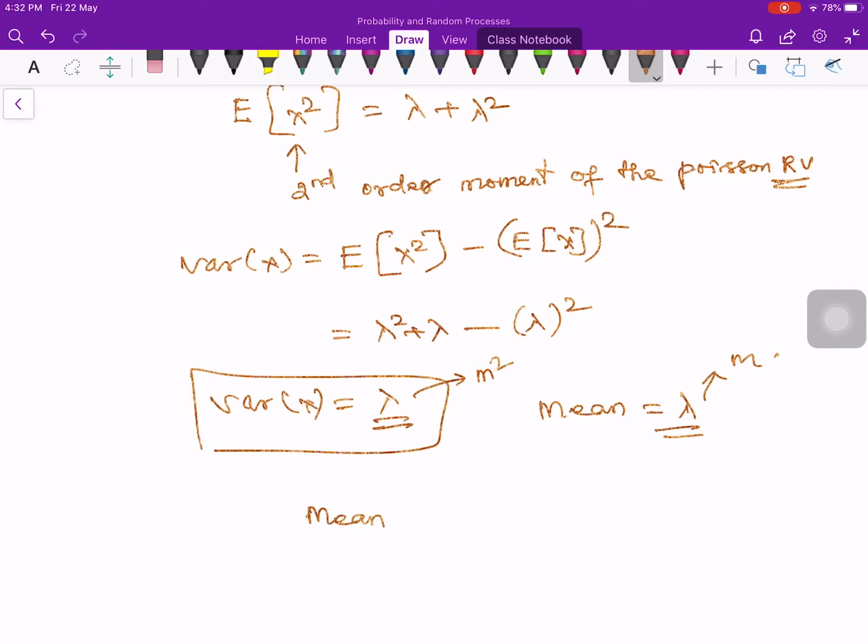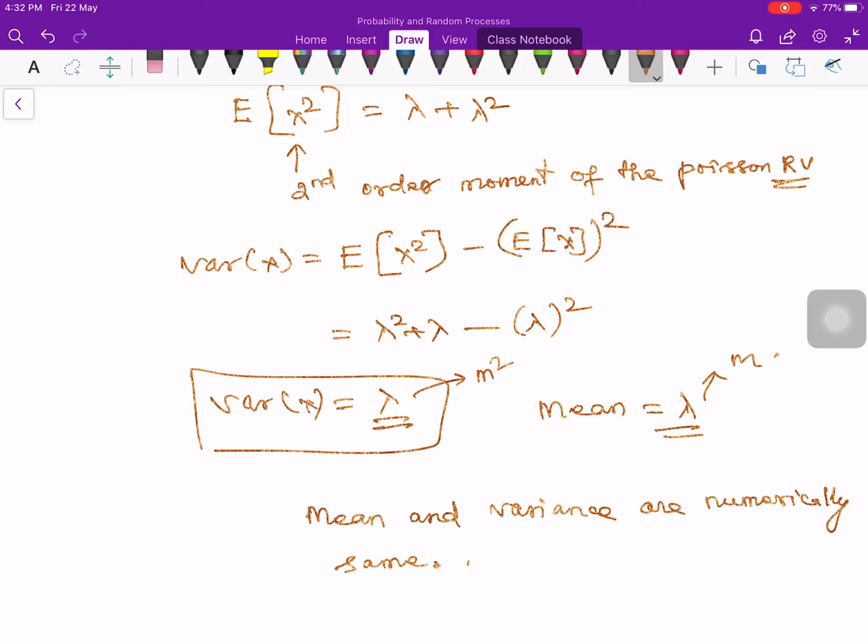So numerically they are the same, but dimensionally they are not the same. When I say numerically the same, that means the numerical values are the same. Suppose lambda equal to 4 means variance equal to 4 and mean equal to 4, but the units are different.